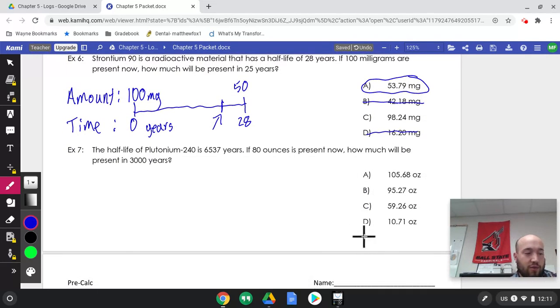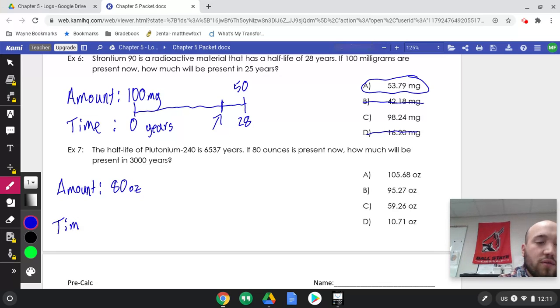And likewise, we got one more problem to do. And once again, we're going to kind of have to estimate. So the amount that we originally start with is 80 ounces. And our time that we initially start with is in years, so 0 years.